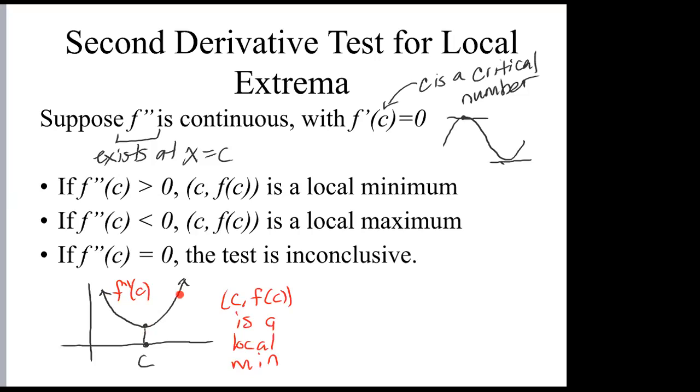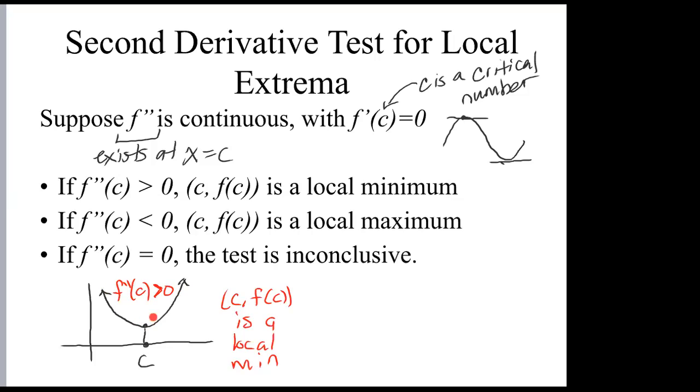So that means that that second derivative is positive. And I have a critical point right here at the very bottom of this concave up portion of the graph.